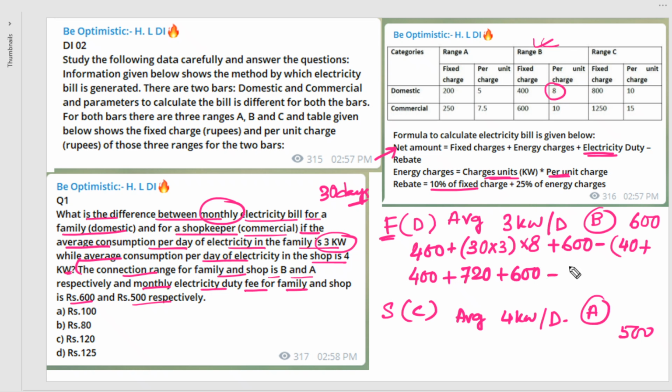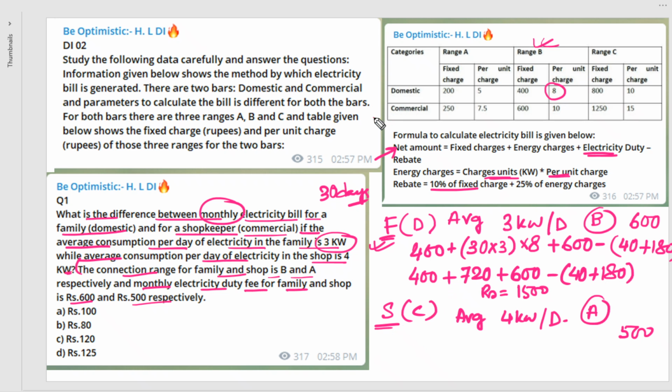Plus 600, minus 40 plus 25% of 720. What is 25% of 720? 25% of 720 is 180, right? So this is all about your calculation. If you calculate this, you will get the monthly electricity bill as 1500 rupees. Fine, this is the family's monthly electricity bill. Now what about the shopkeeper?